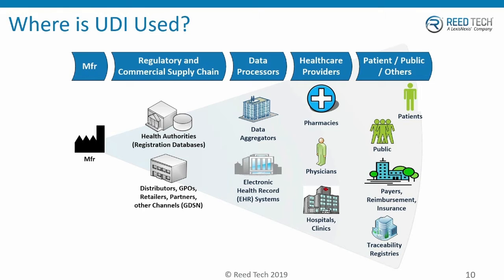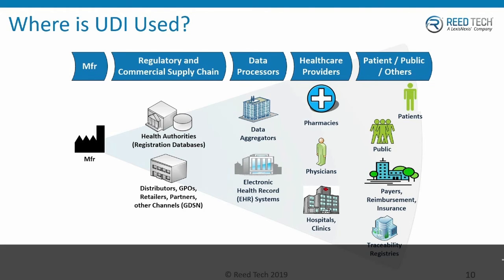But be aware, there are a number of waves of downstream users, data processors, those actual healthcare providers, the patient, and other public entities that use this data and rely on that data. So making sure that the identification is correct and the attributes associated with that identifier is very key, because there's a downstream audience that's quite broad in the use of UDI.